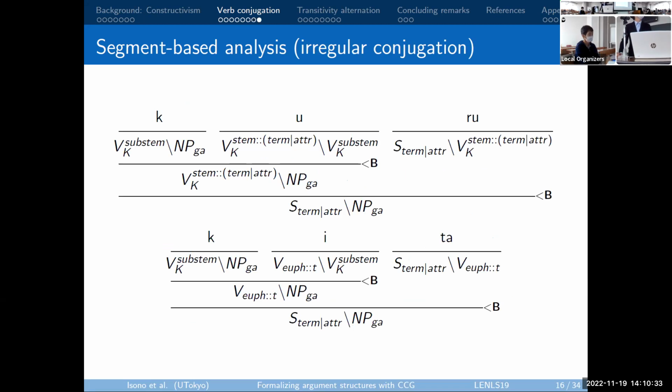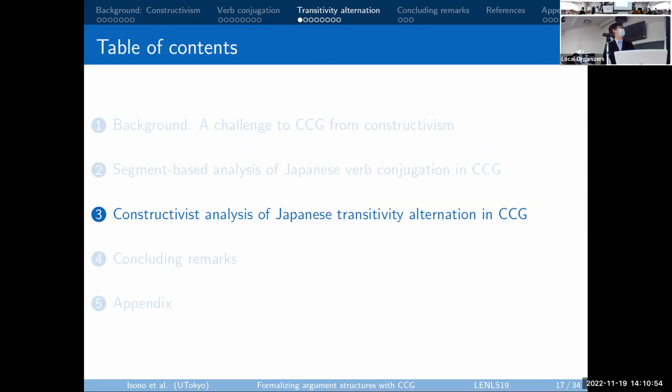And even in the irregular conjugation, our analysis can extract a common segment K from a stem like this. And then we will move on to the next topic from Shinnosuke again.